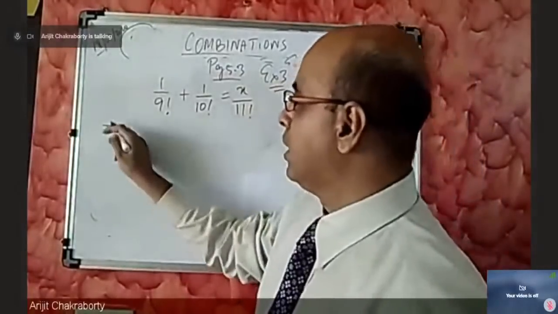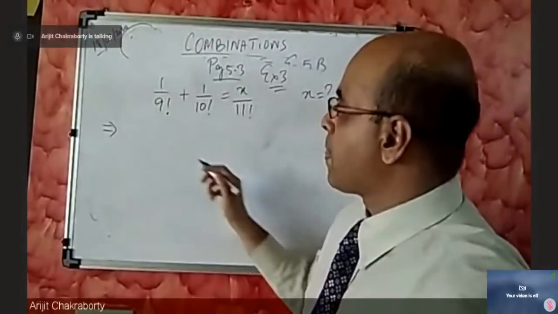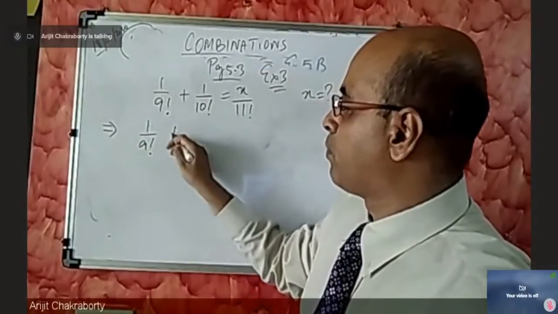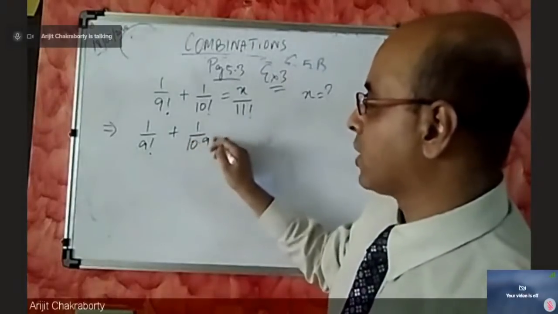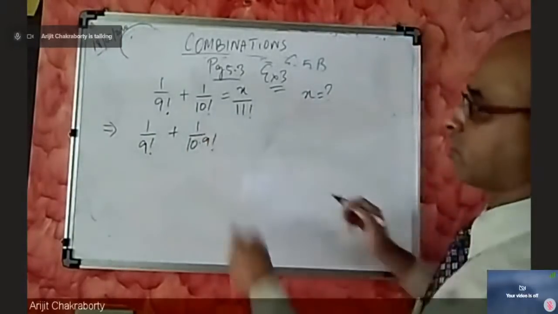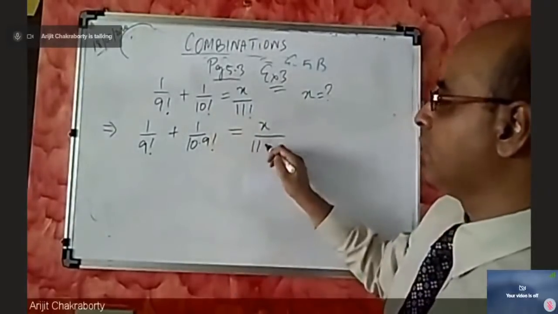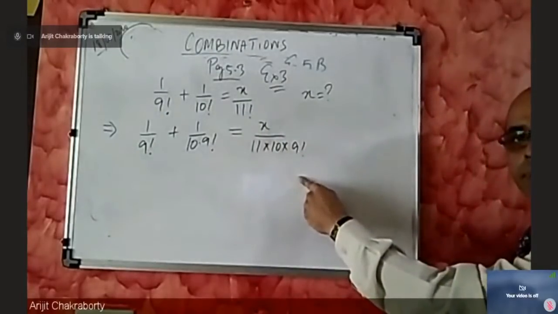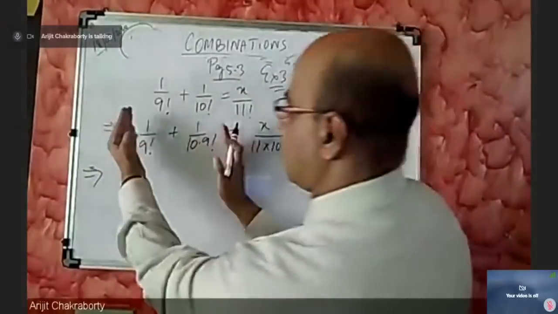So on the left hand side, we have 1 by 9 factorial plus 1 by 10 factorial, which is 10 into 9 factorial. So here we have 9 factorial, here we have 10 into 9 factorial. This is equal to x divided by 11 factorial, meaning 11 into 10 into 9 factorial. So we now take the LCM of this side.